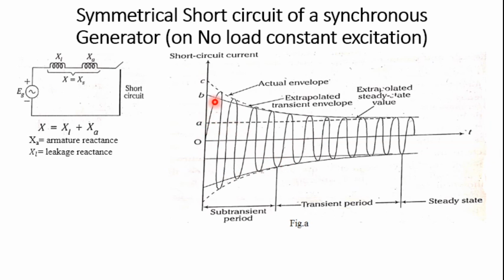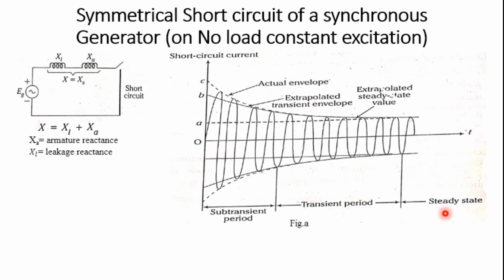If there is a fault, suddenly there is a transient current. After some time, this is going to sustain. Initially it is transient, and then we are able to attain a steady state. So we'll understand how this transient and steady state condition takes place.